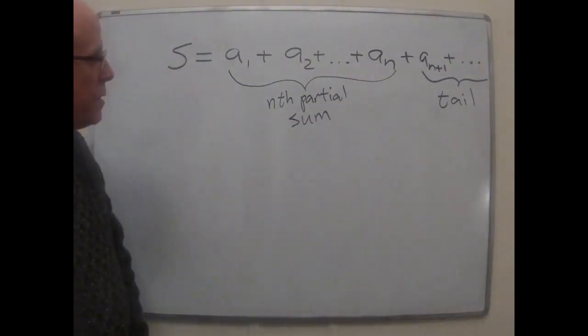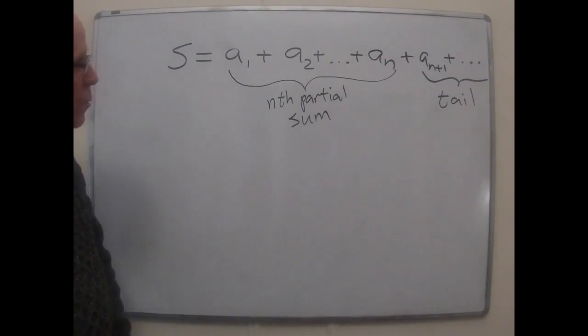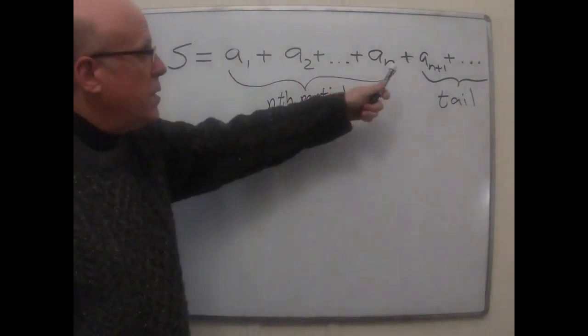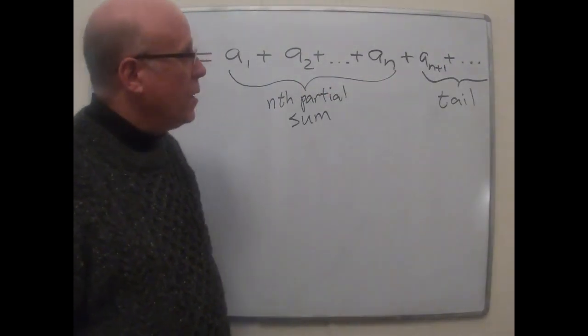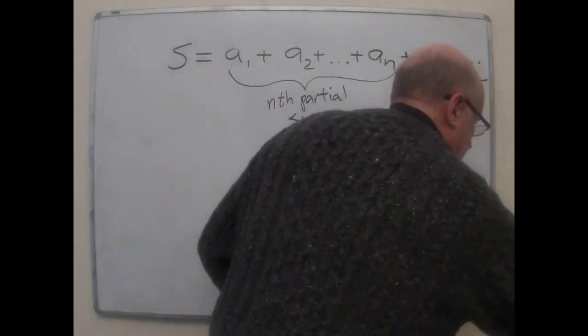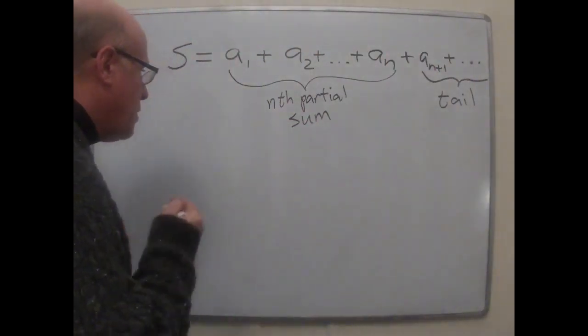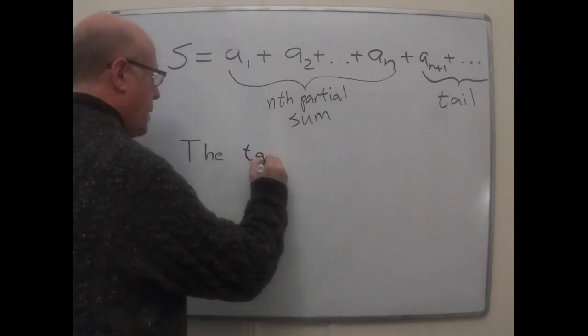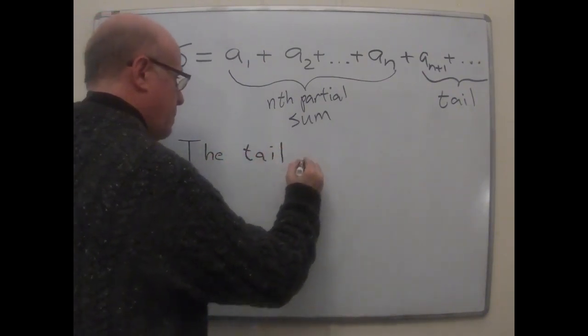You're at some value of n, right? Think of the n as being pretty large, and then the terms from here on out are that tail we're interested in. Well, that tail is well approximated by a geometric series.